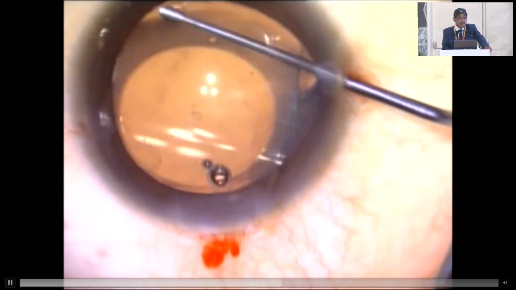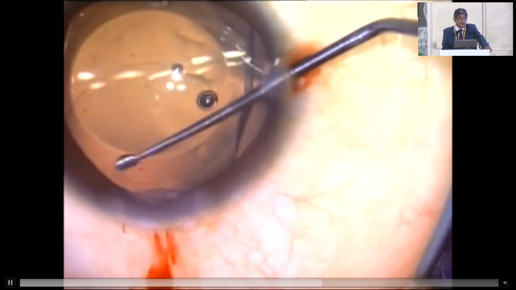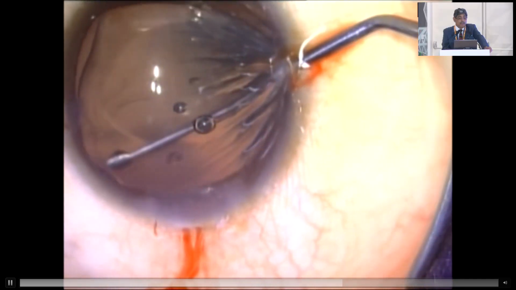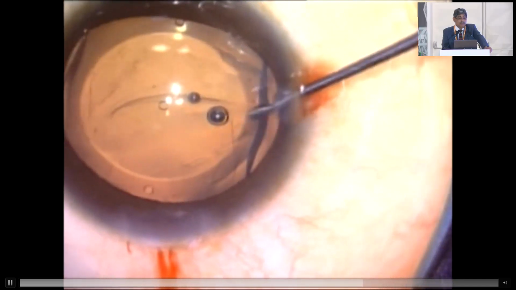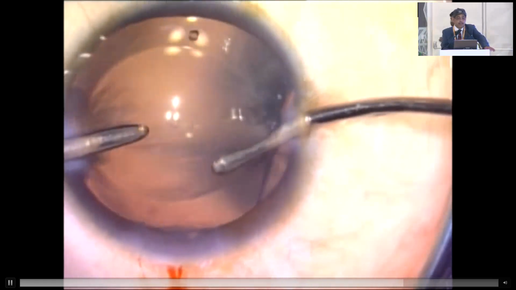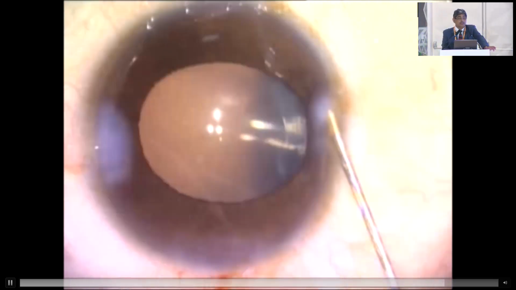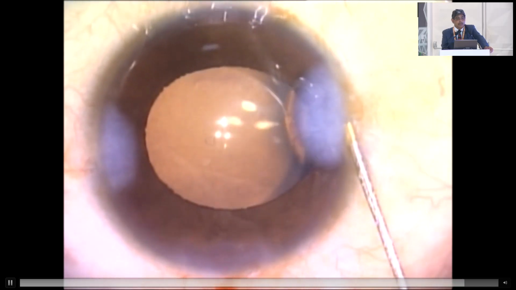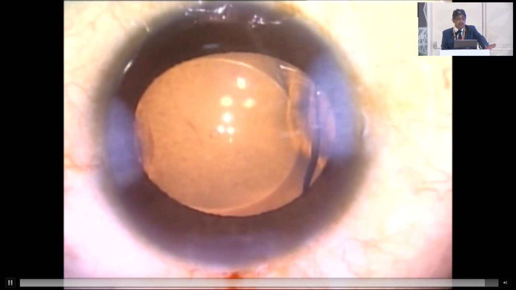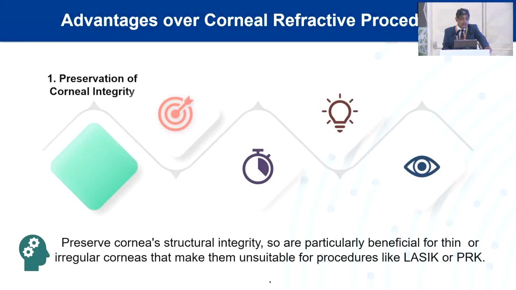And this is the spatula, lens managing spatula, and the 4 haptic or plate haptic design. The haptics are pushed behind the iris like this, and even the toric design is used, and then by any means you can remove the viscoelastic from the anterior chamber. Mind that our crystalline lens is still there, and it is clear, and we should avoid jerky movements.